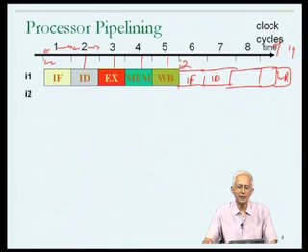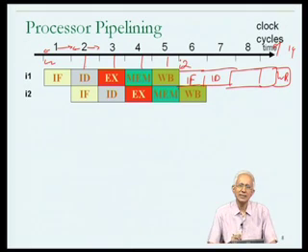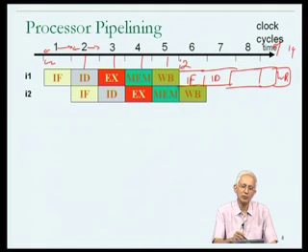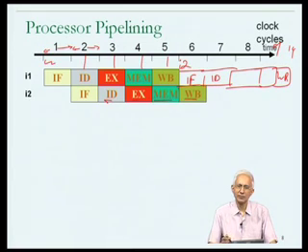In other words, why not fetch the second instruction in cycle number 2 rather than waiting until cycle number 6 to fetch the second instruction, and so on. So the second instruction can be fetched in cycle number 2, decoded in cycle number 3, executed in cycle number 4, you can use the MEM hardware in cycle number 5, and it can be written back in cycle number 6, rather than actually finishing only in cycle number 10.